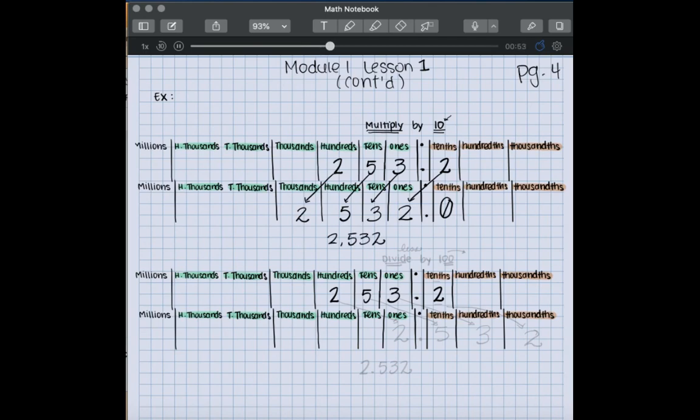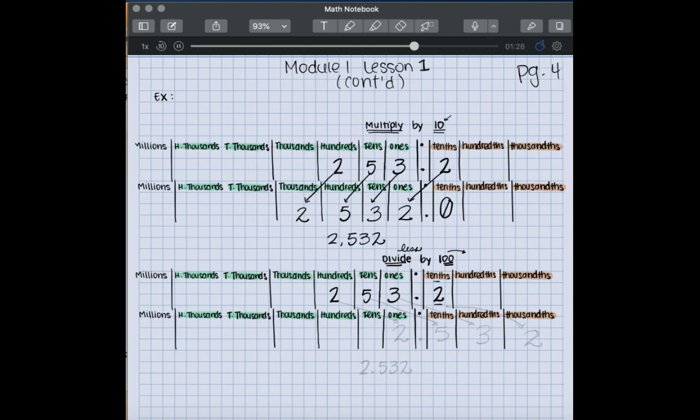Now say we have the same starting number, which is 253.2. But this time it's asking us to divide by 100. So divide means less, and 100 means 2 place values to the right, because it's getting smaller. And so I'm going to start with my furthermost number, which is the 2 in the tenths place.